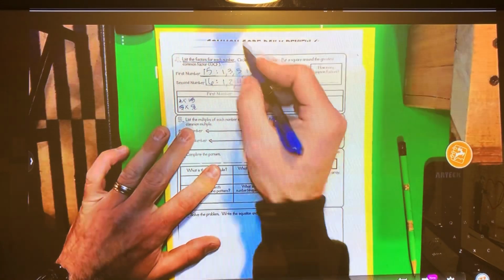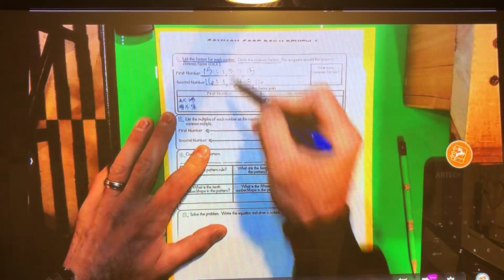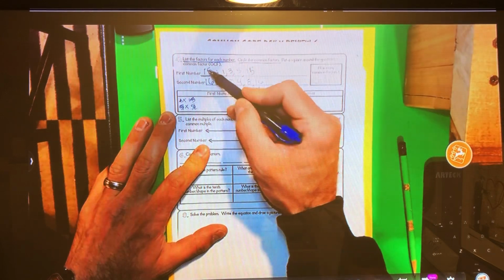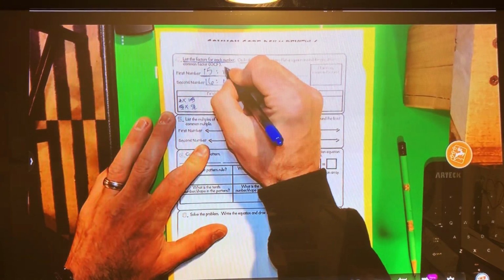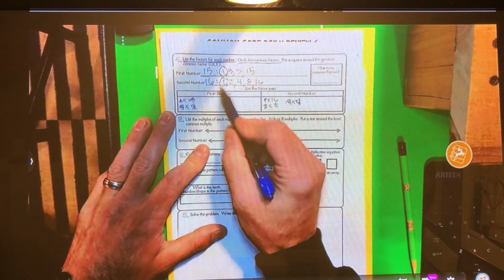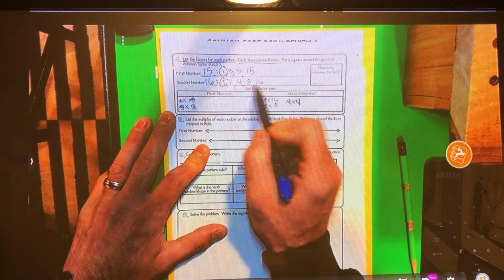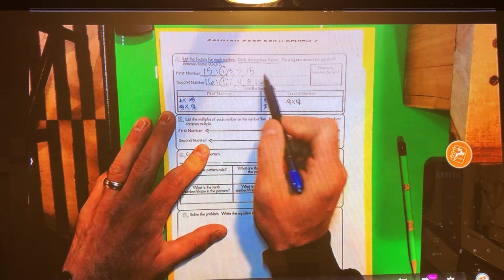Now we can take a look at the second direction, which is circle the common factors. As we go through, we can see that both 15 and 16 have the number 1 as a factor. And as I scale down the list, there's a 2, there's a 4, there's an 8, there's a 16, there's a 3, there's a 5, and there's a 15.